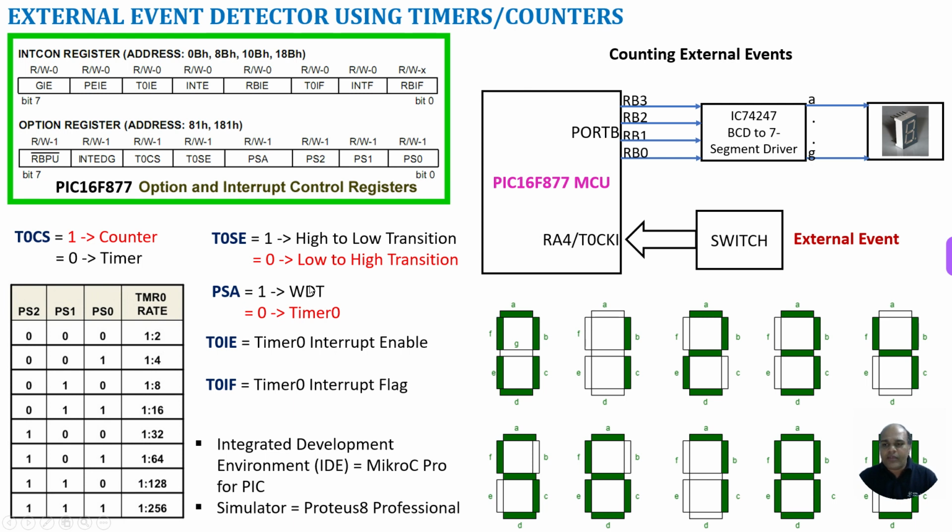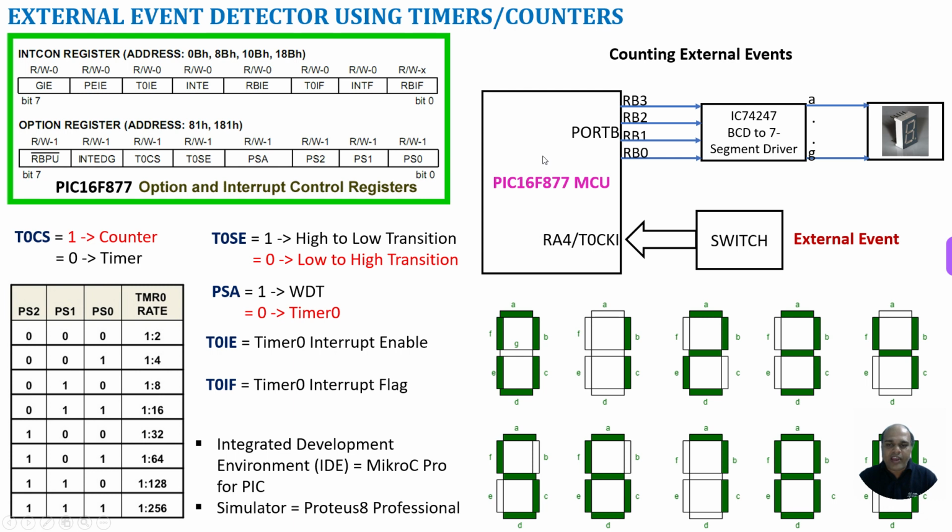So in this program, what we are going to do is connect a switch to this T0CKI pin. This switch is used for creating an external event. Whenever I press the switch, it will go from a low to high transition, and thereby the counting of that event will happen in the timer module in the PIC16F877 microcontroller.